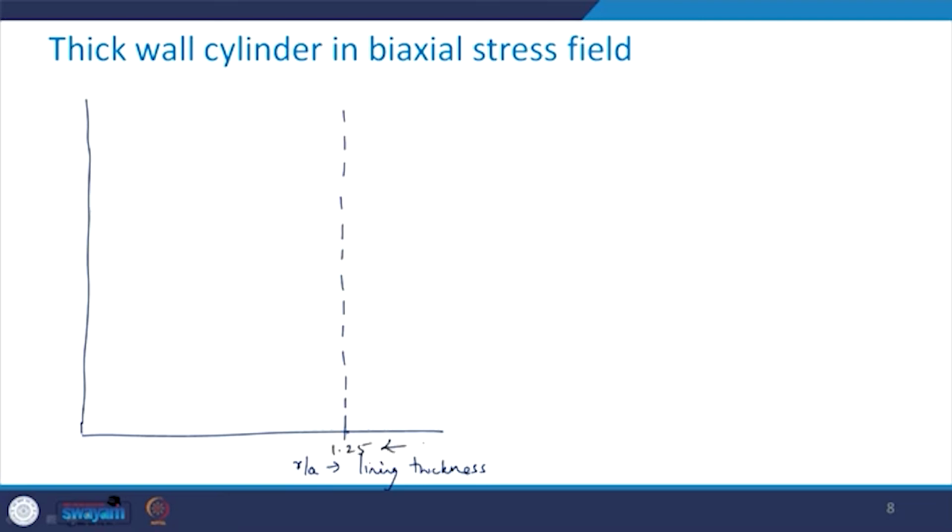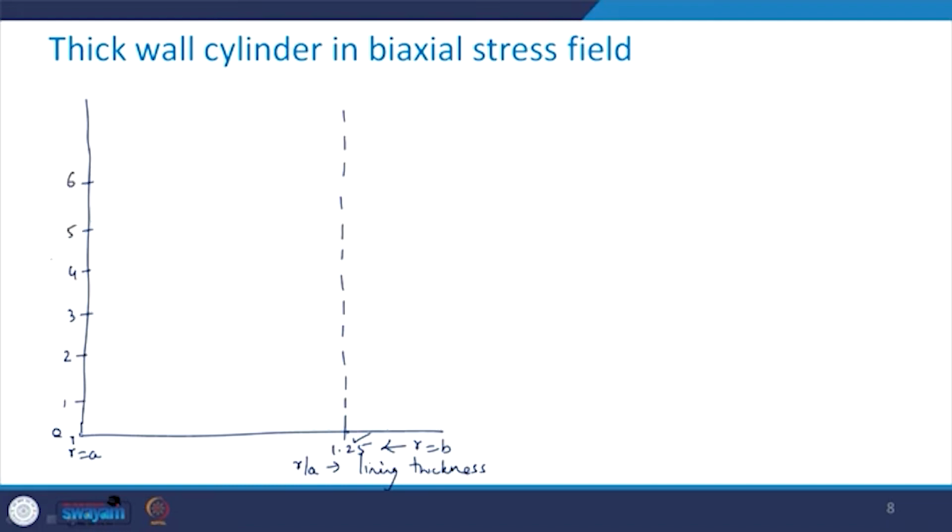That means here it is r equal to b, because we just took b by a equal to 1.25. Fine. So here it is r equal to a, that means here it is 1 and here it is 1.25. Now on the y-axis, say this is equal to 0, and I divide it into some parts, 1, 2, 3, 4, 5 and 6.